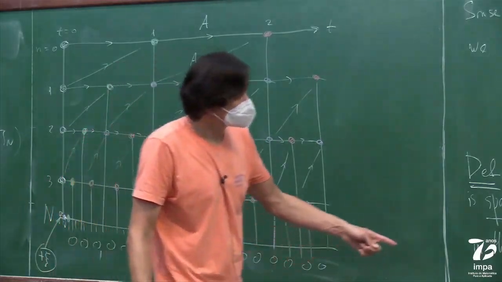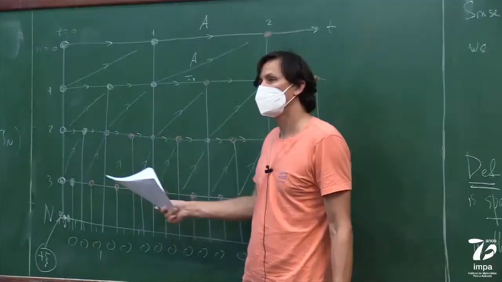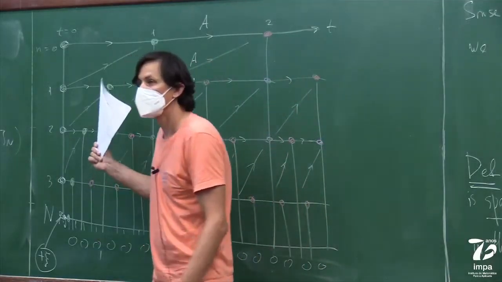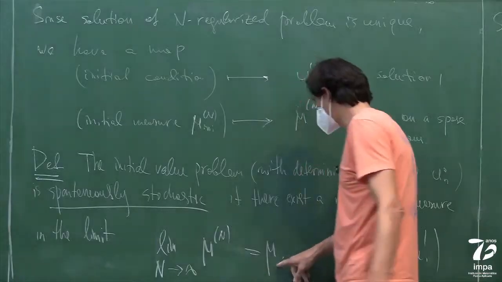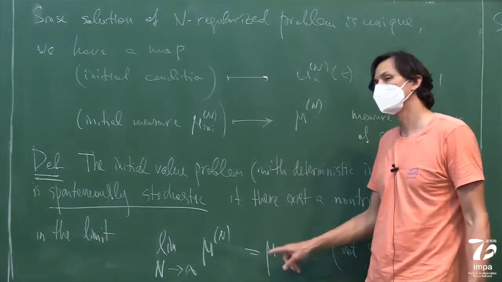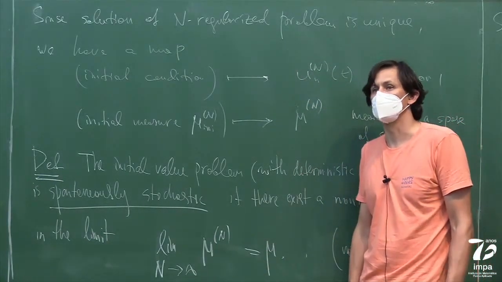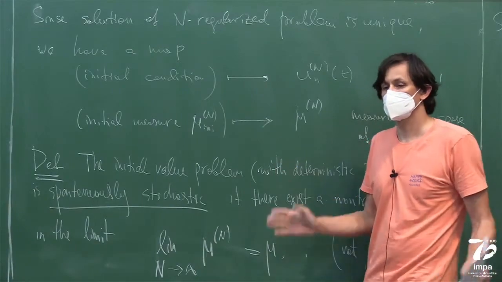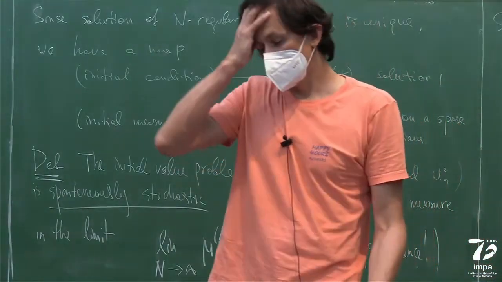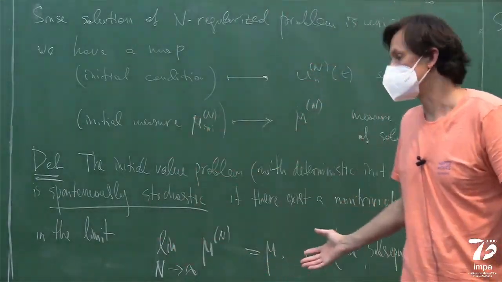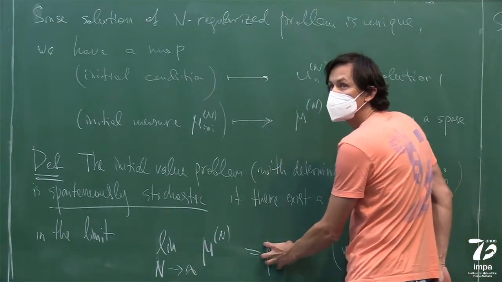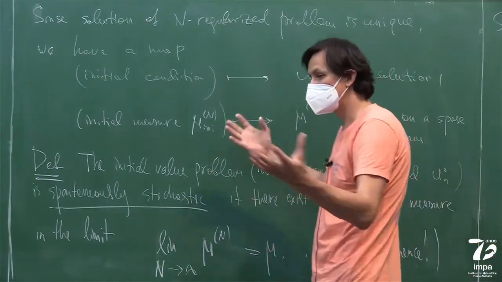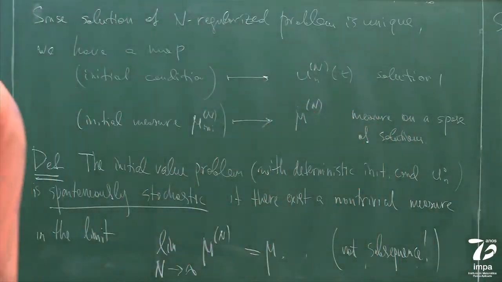And since n goes to infinity, it satisfies exactly all equations at every point. So this will be a measure on this space of non-unique solutions that we proved in theorem 1. In theorem 1, we showed that given an initial condition, there are infinitely many solutions.